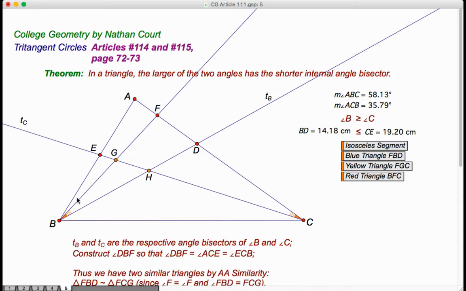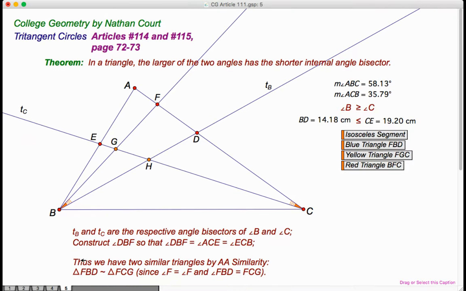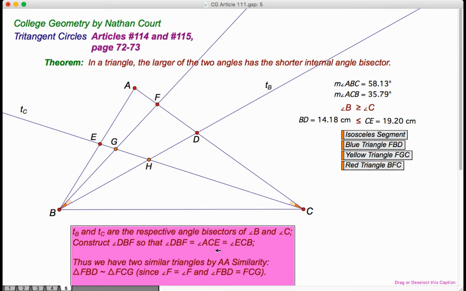This is an extra added feature of what I wanted to do, because as part of the proof, I have to construct something. Okay, so first I want to construct, this is what I am doing right now, DBF, so that this angle here, DBF, is actually congruent or equal in value to ACE.